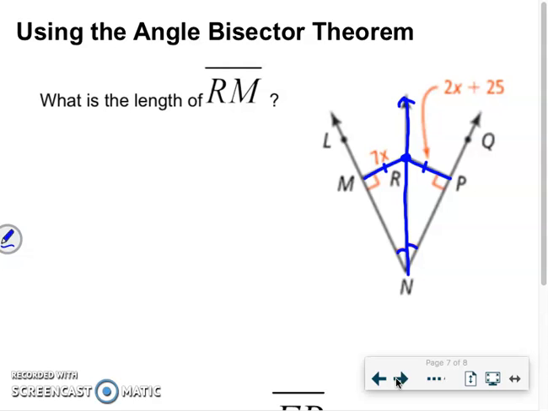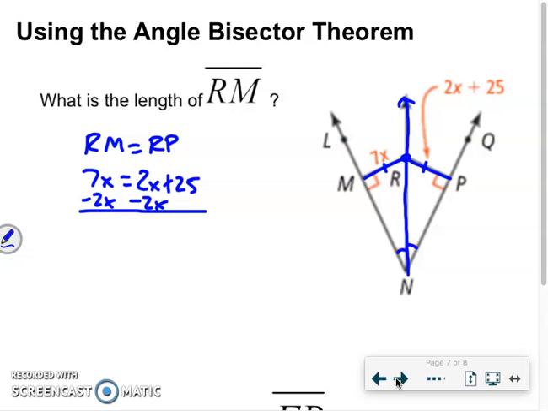So since NR is a bisector, RM has to equal RP, which means 7x has to equal 2x plus 25. I can subtract both sides by 2x, and then divide both sides by 5, and get my answer, x equals 5.